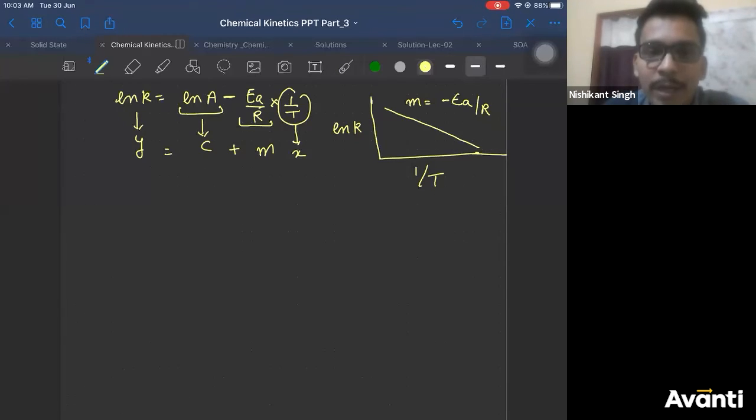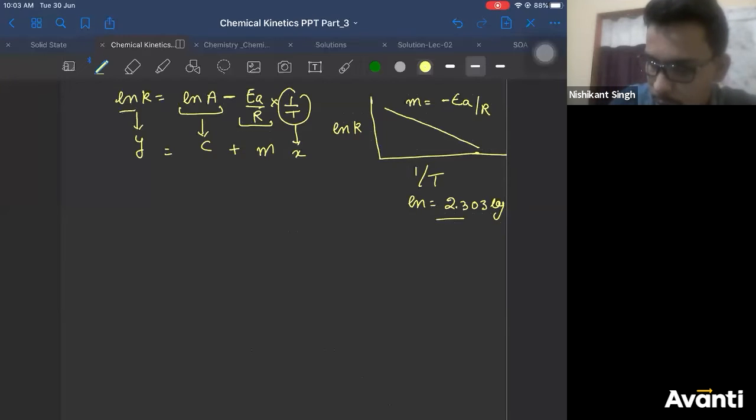Now keep in mind one important thing. You can write it in terms of log also. If you want to convert ln into log, ln will become 2.303 log.